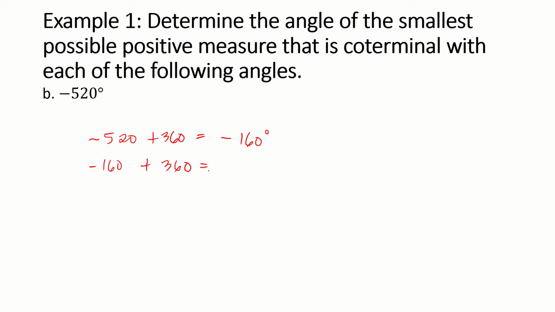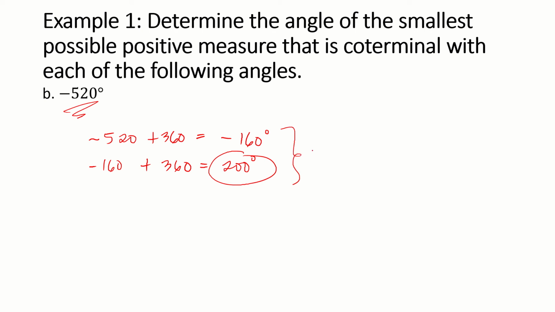So negative 160 plus 360 is 200 degrees. So the angle with measure 200 degrees is the angle with the smallest positive measure that is coterminal with the angle with measure negative 520 degrees.